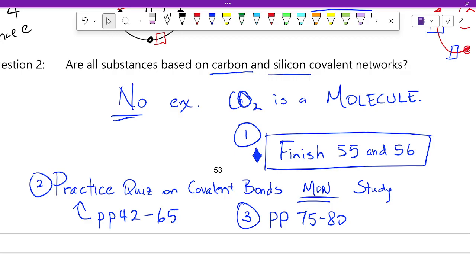Yes. Okay. Particle quiz. My arms are like shaking. Number what? Molecule.